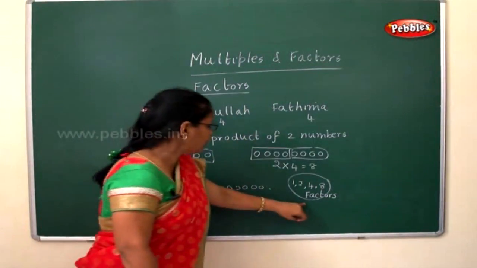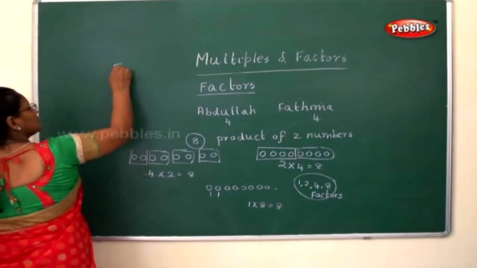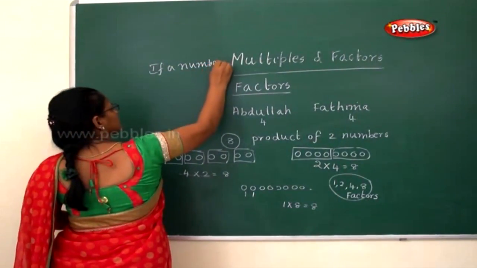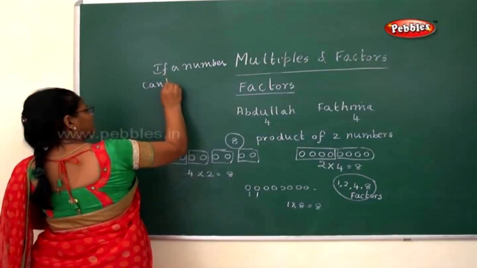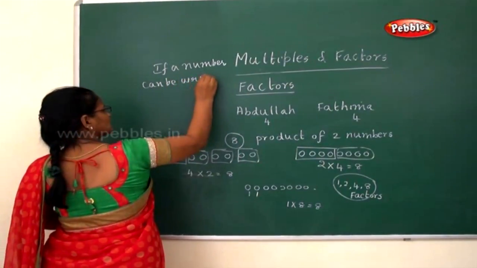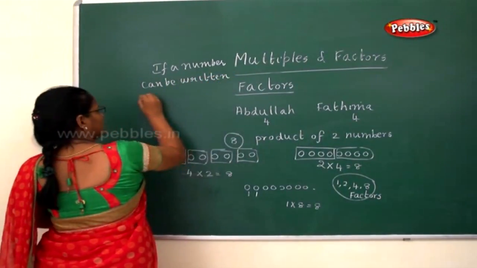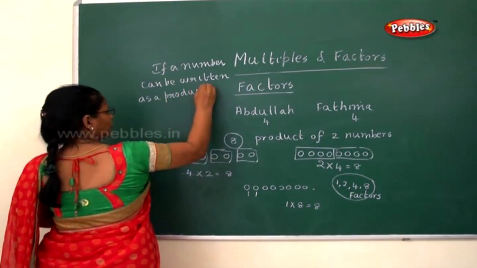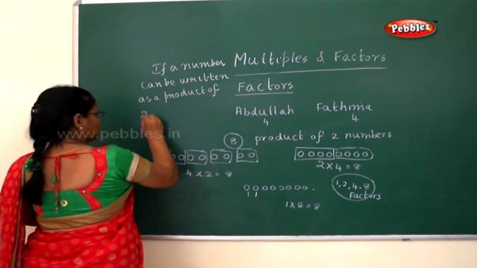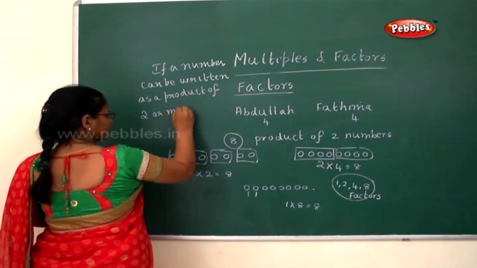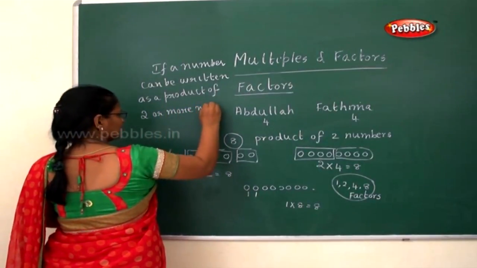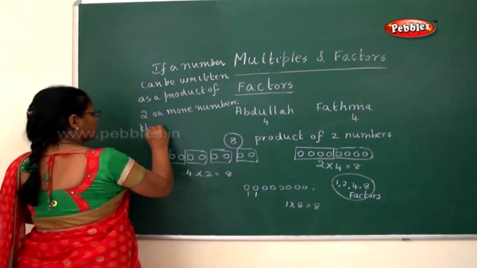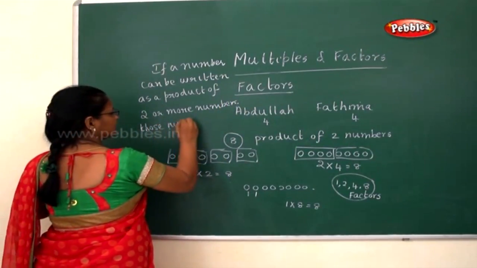See, what are factors? If a number can be written as a product of 2 or more numbers, those numbers are called factors.